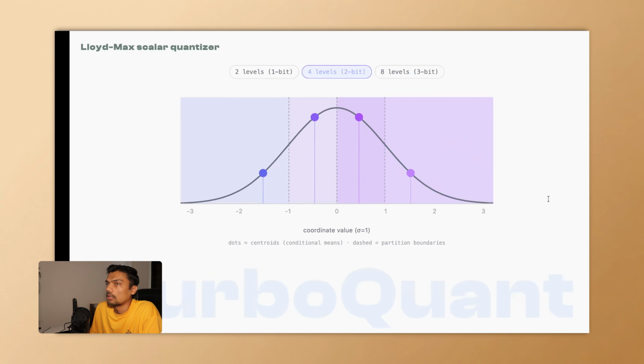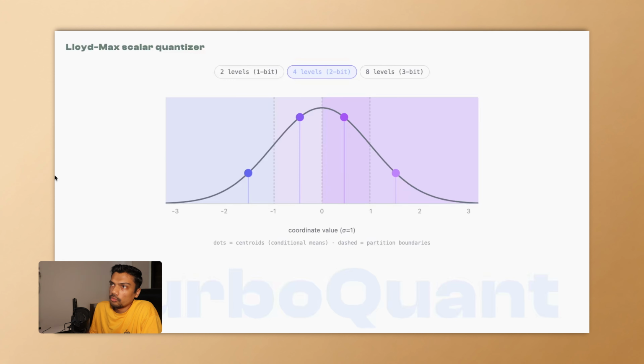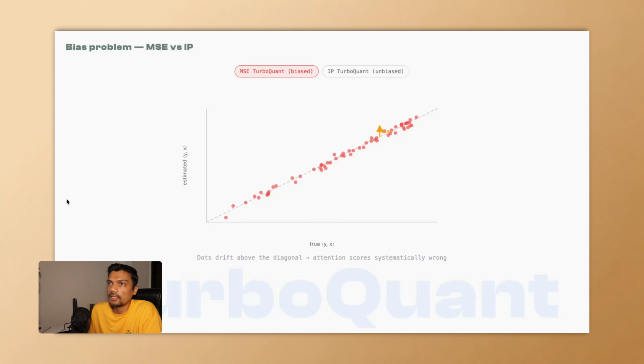Here is the thing. You might think, great, we have an MSE optimal quantizer done, but there is a subtle problem here. In KV cache applications and in nearest neighbor search, we don't care about reconstructing a vector with low MSE.